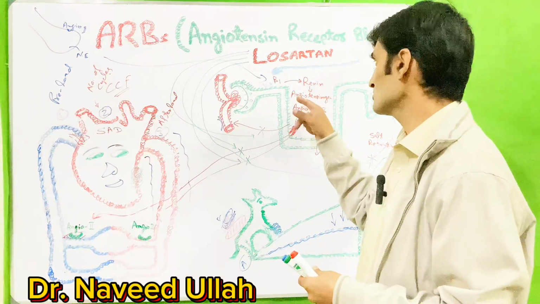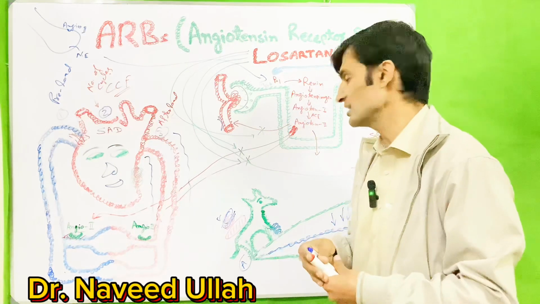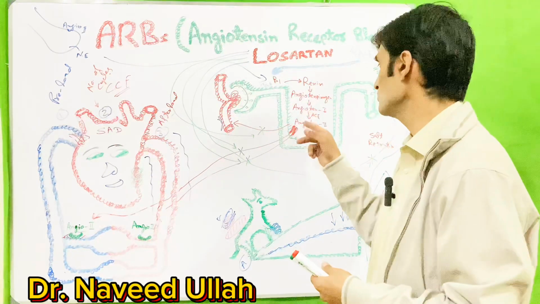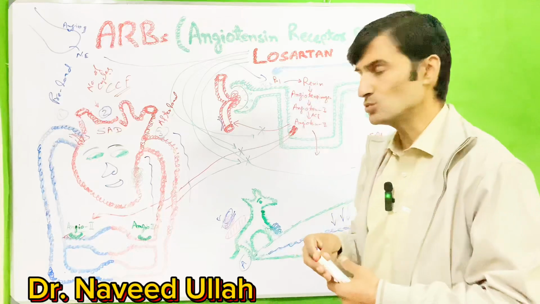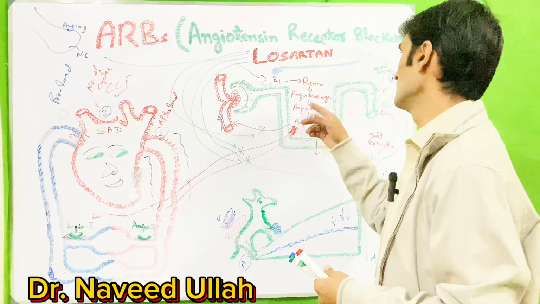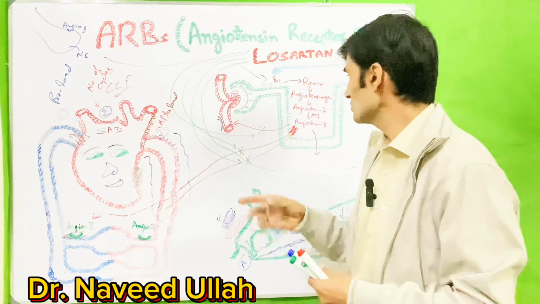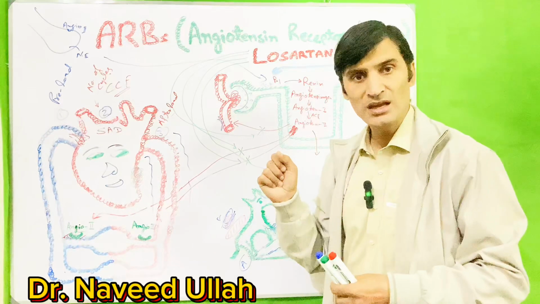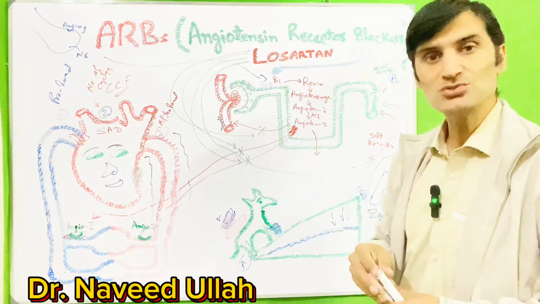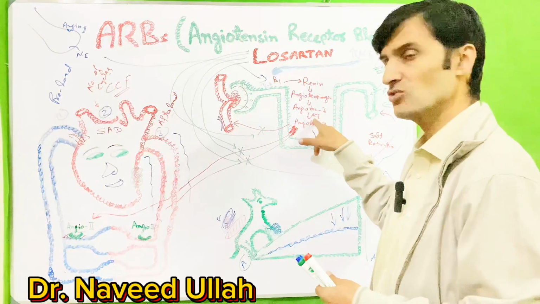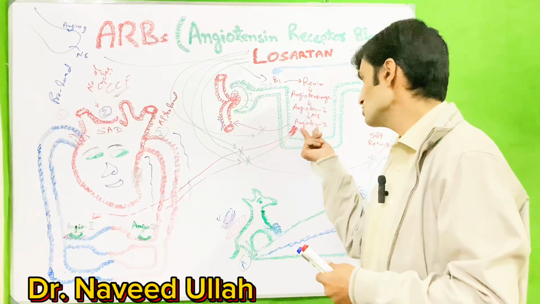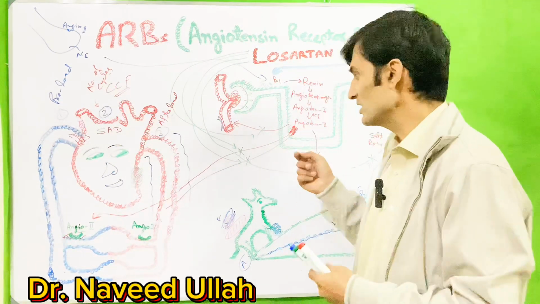Renin will act on angiotensinogen, converting it into angiotensin 1. Angiotensin 1 will be converted into angiotensin 2 by the action of ACE. The angiotensin 2 will cause various actions.